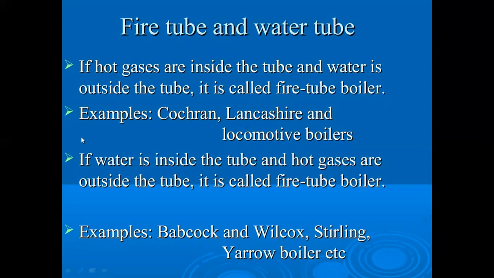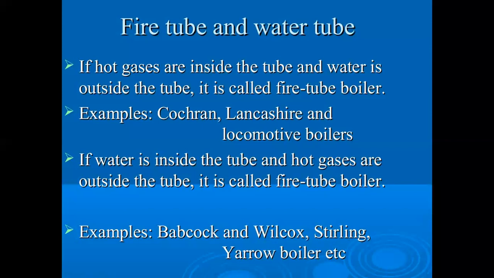Then, if the water is inside the tube and hot gases are outside the tube, it is called a fire tube, sorry, it is a water tube boiler. If the water flows inside the tube and is surrounded by hot gases, that means it is a water tube boiler. So it is classified based on the content in the tube.